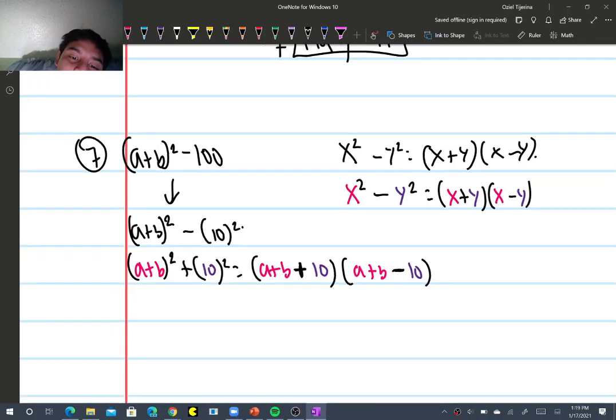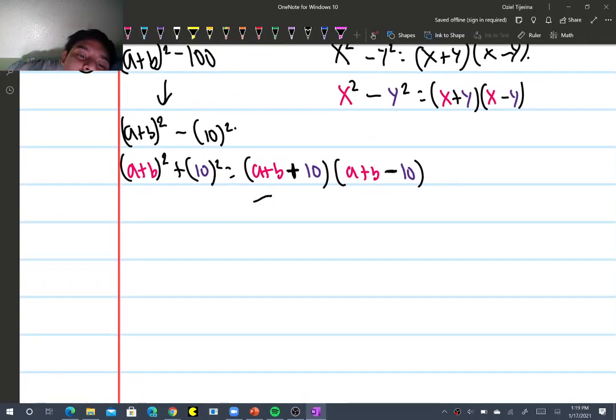Okay, so the way that you would factor, the answer for this one would be a plus b plus 10 times a plus b minus 10.